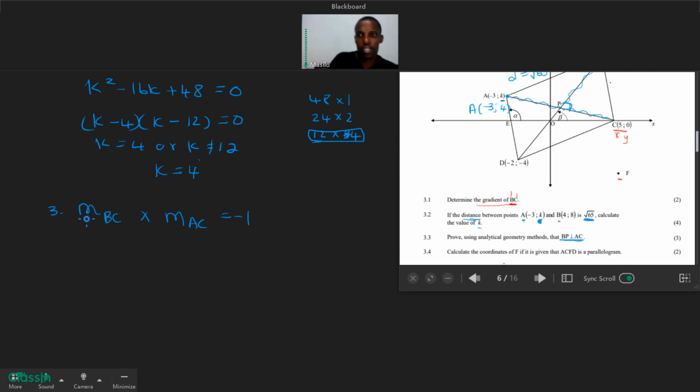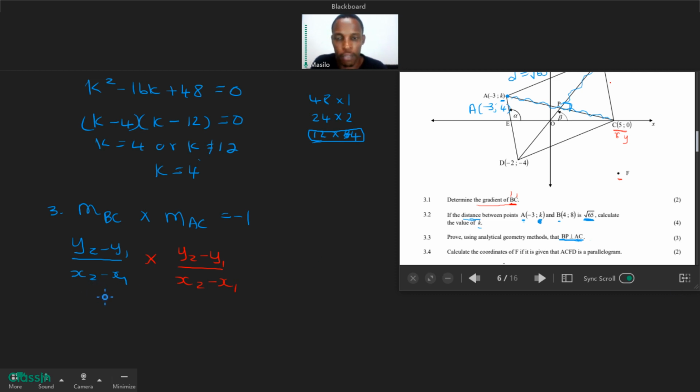Whether we're saying that the two gradients meet at P, as long as the gradient of these two lines can give us -1, it means that PB is perpendicular to AC. So now let's check. Is Y2 minus Y1 over X2 minus X1, then multiply by Y2 minus Y1 over X2 minus X1.